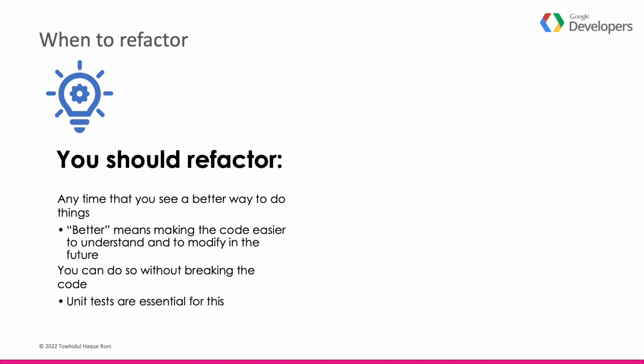The tests act as a safety net, allowing you to make changes to the code while maintaining its correctness and functionality. So, if you spot an opportunity to improve the code base and make it more maintainable, go ahead and refactor. Just remember to do so within the safety net of unit tests.